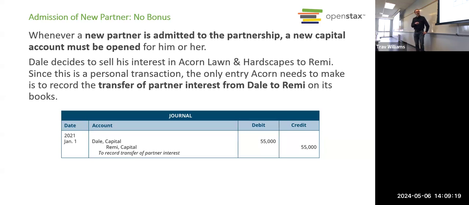So in this scenario, the partnership is just moving the capital out of Dale's account into Remy's account. And Remy would pay Dale directly for his portion. What is it, 55,000? So that was the agreed upon amount. Remy gives the 55,000 to Dale and takes over his share. This would be one way to do it.